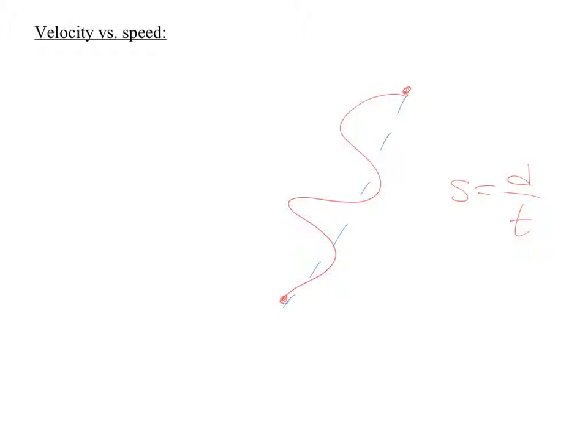Some students like to think about this, and you can think about this for instantaneous speed and velocity. Let's say I've dropped an object from the top of a 3-story building, and at a certain instant in time, the object is here, and its velocity at that instant is negative 2 meters per second.